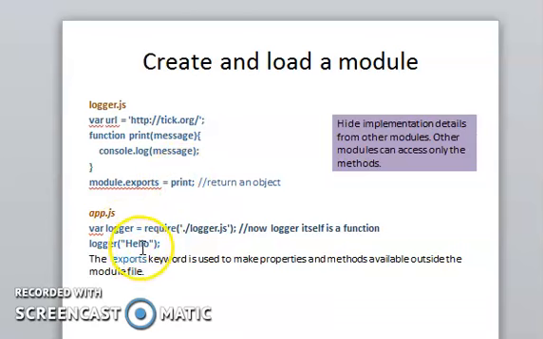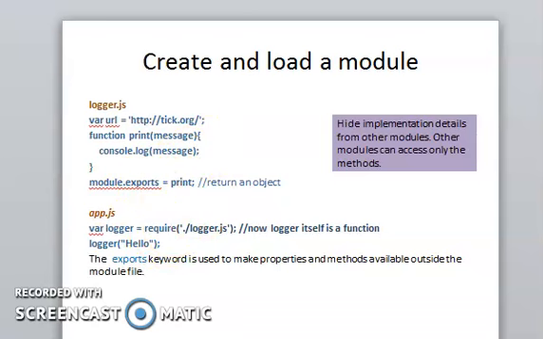By passing the value hello as a parameter, the logger.js module will be enabled and the message will be displayed. That means the hello message will be displayed. This is creating the module, and loading the module is done by using require and exports.